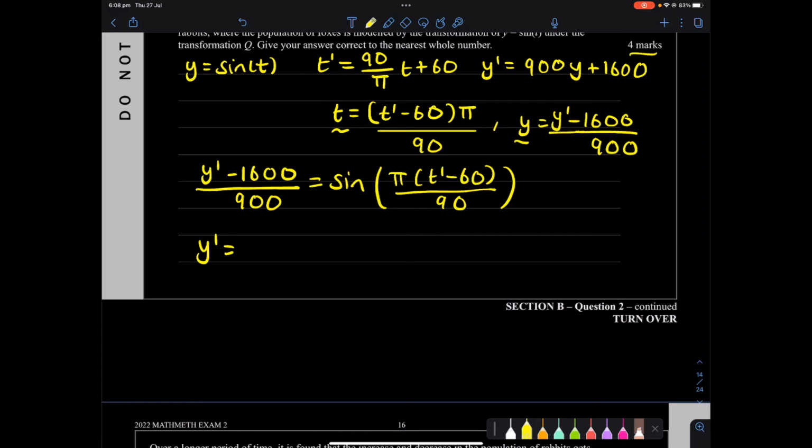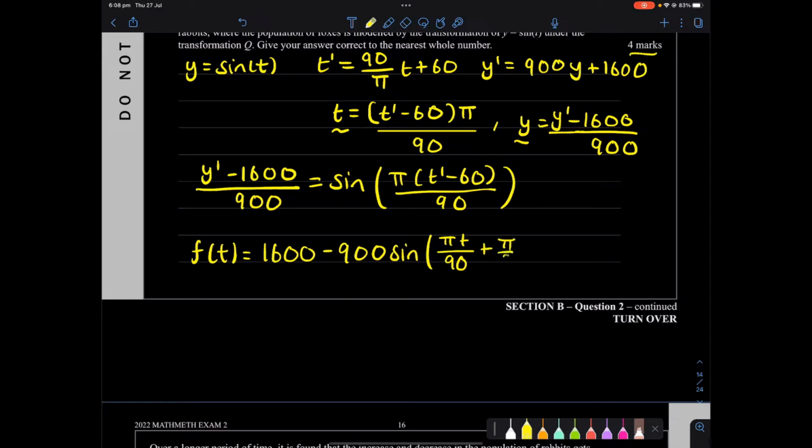Okay, so we get this. This is our equation, and we just rub this off. This is now your new fox equation. So f of t is 1/6 this minus 900 sine of pi t over 90 plus pi on 3.